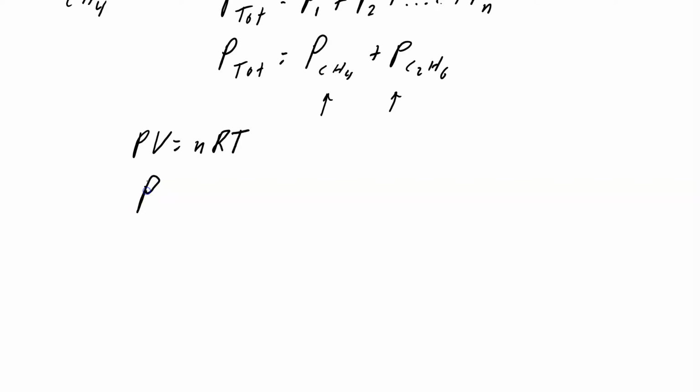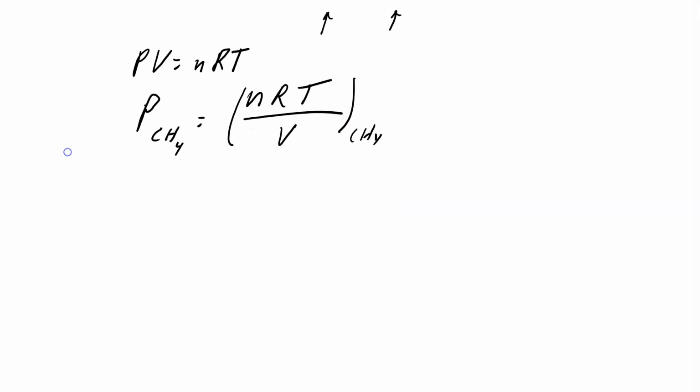The pressure for methane is going to be equal to the number of moles of methane times the gas constant times the temperature divided by the volume. The partial pressure of ethane is a similar equation: the number of moles of ethane times the gas constant R times the temperature over the volume.